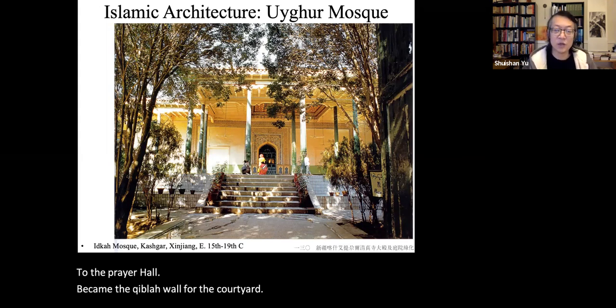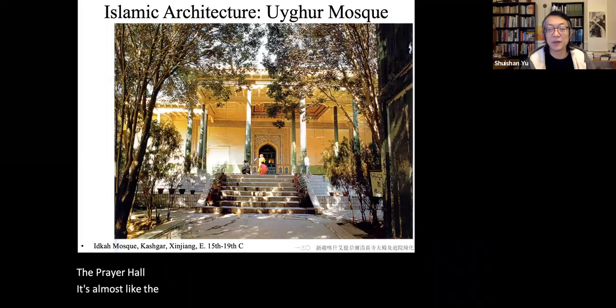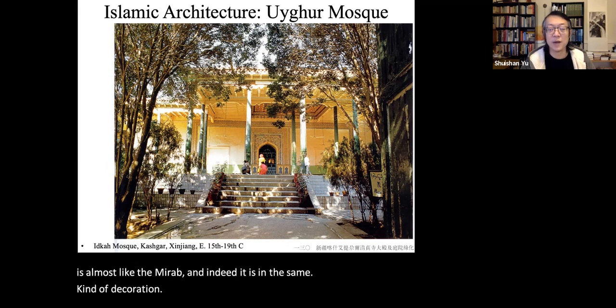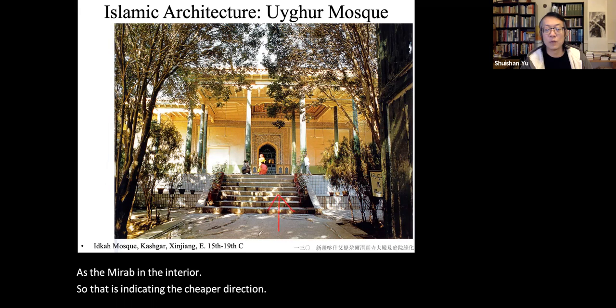So in that case, the entrance to the prayer hall is almost like the mihrab. And indeed, it is in the same kind of decoration as the mihrab in the interior. So that is indicating the Qibla direction for prayers in the courtyard.